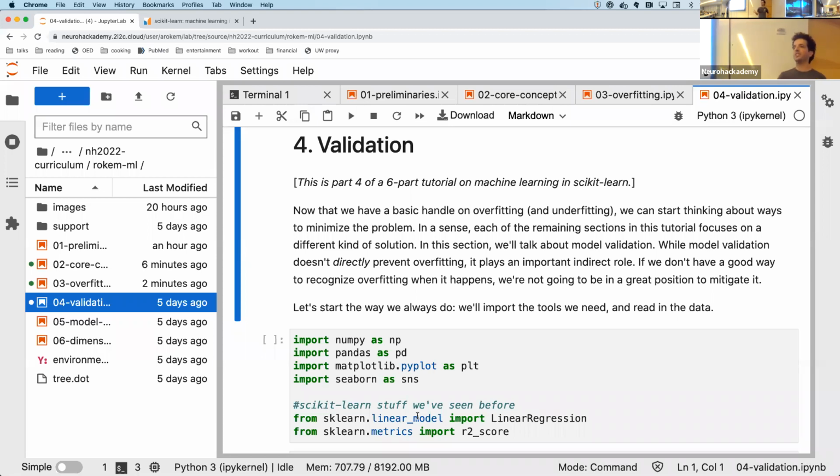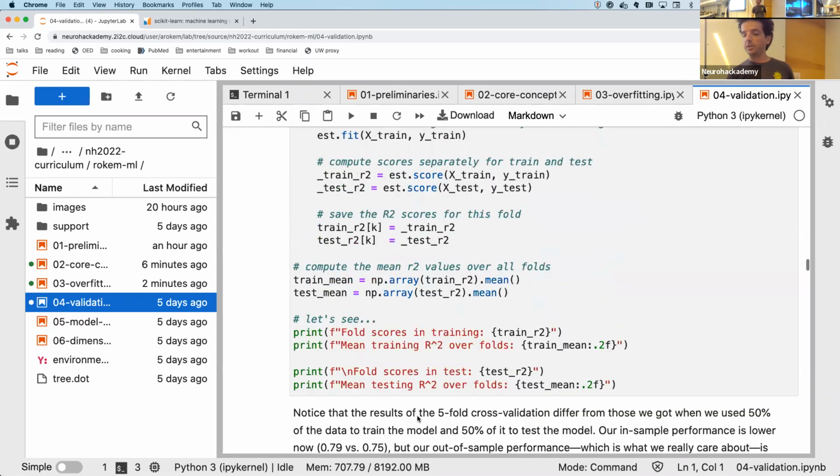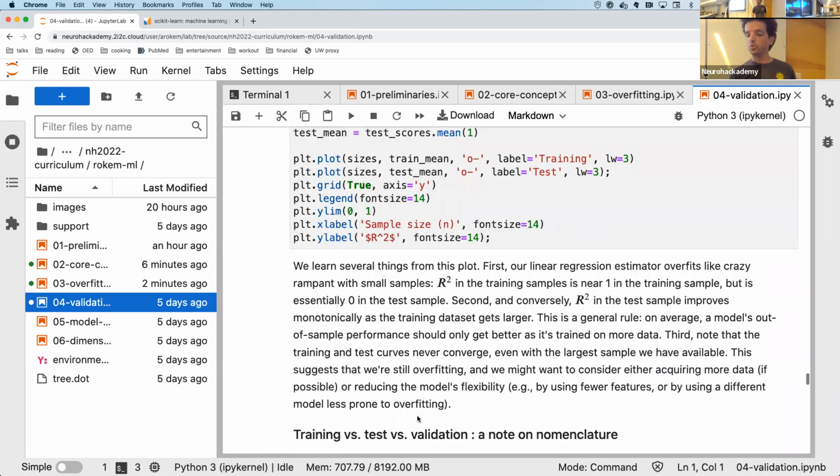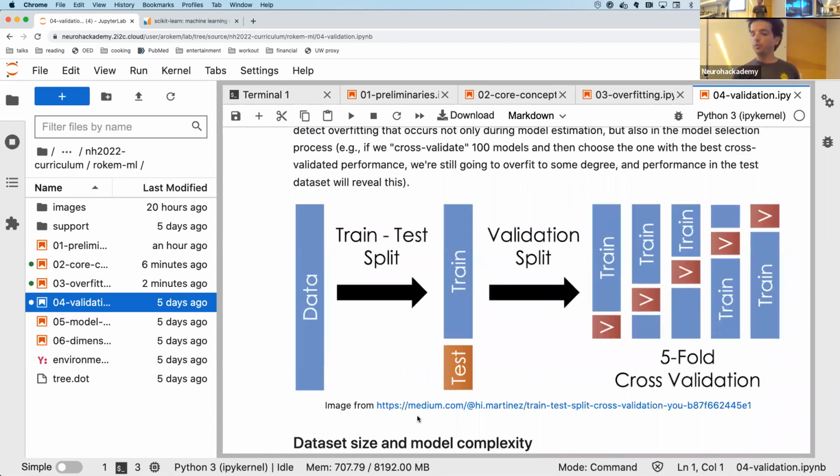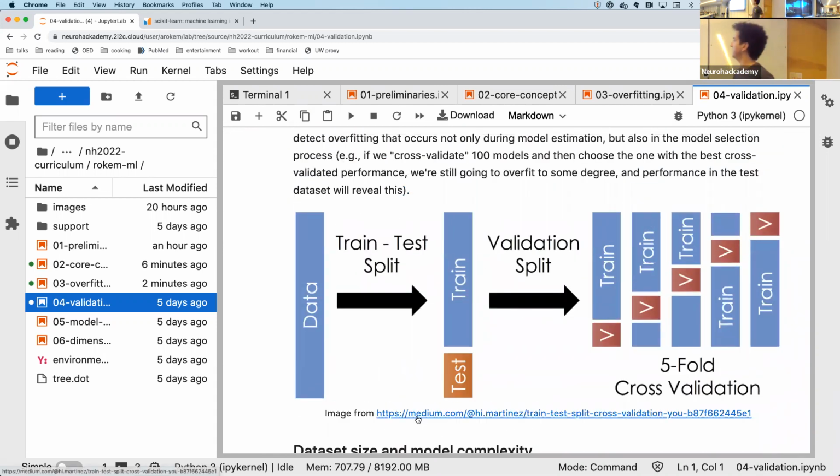It's called cross-validation. In fact, we already hinted at this cross-validation approach previously. I'll go down here to show where we're headed. What I showed you in the previous notebook is this idea that you split your data into train and test initially, and then you train on one set of data and test on another set of data.